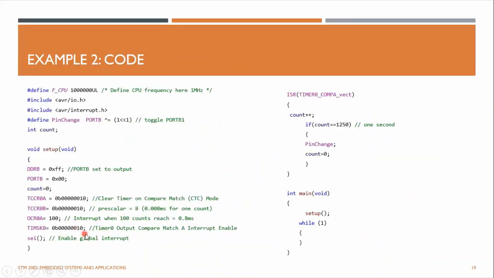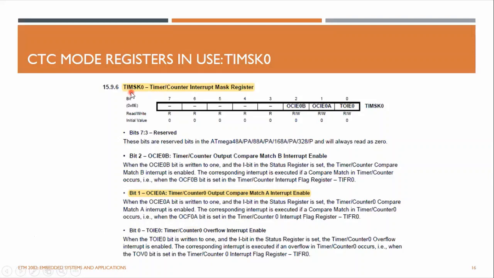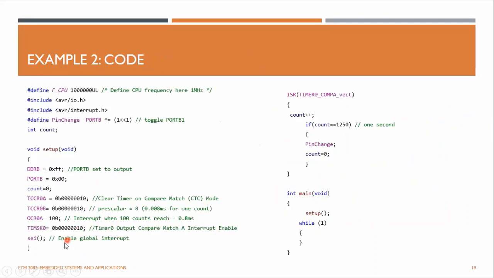And I have to enable the CTC mode interrupt. So in TIMSK0, I have to go there and enable this timer counter 0 output compare match A interrupt enable bit, right? TIMSK0. Okay, and then I have to turn the global interrupts on. So then all are set.